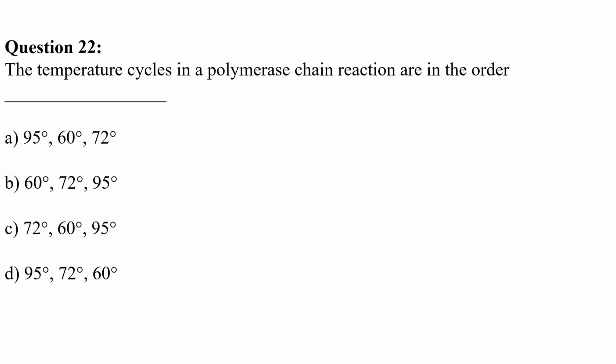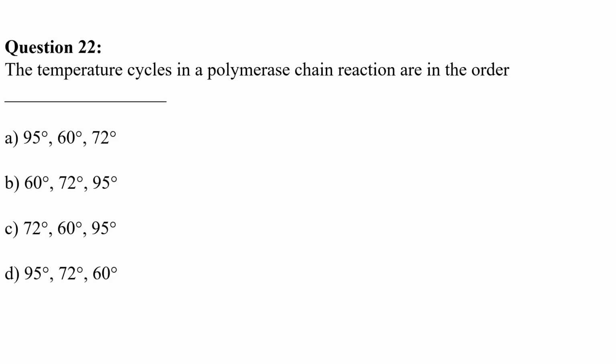Moving on to the next question, question number 22. Temperature cycles in a polymerase chain reaction are in the order: option A 95 degrees Celsius, 60 degrees Celsius and 72 degrees Celsius; option B 60, 72 and 95 degrees Celsius; option C 72, 60 and then 95 degrees Celsius; or option D 95, 72 and 60 degrees Celsius.